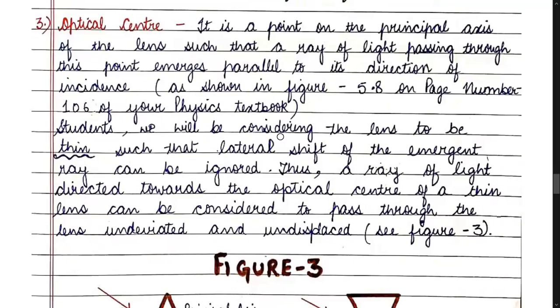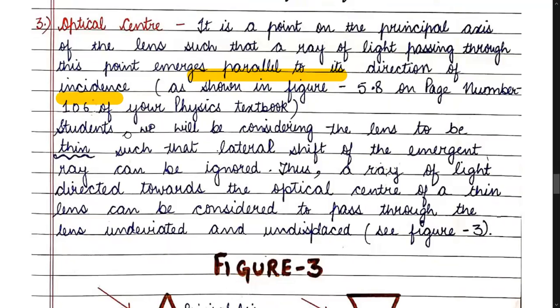It is a point on the principal axis of the lens such that a ray of light passing through this point emerges parallel to its direction of incidence.